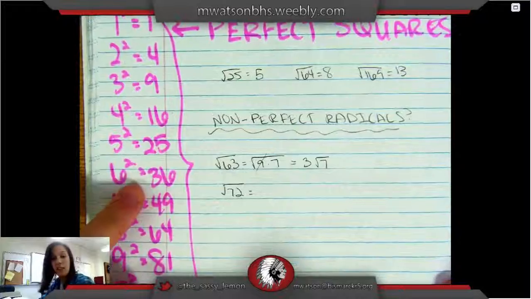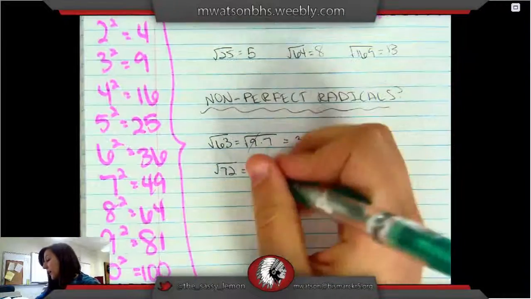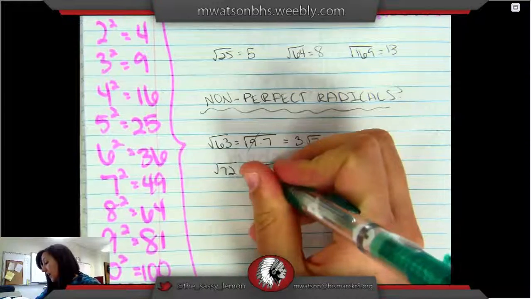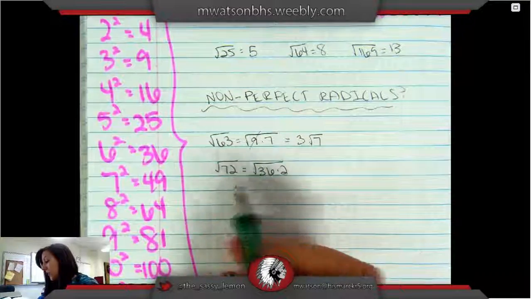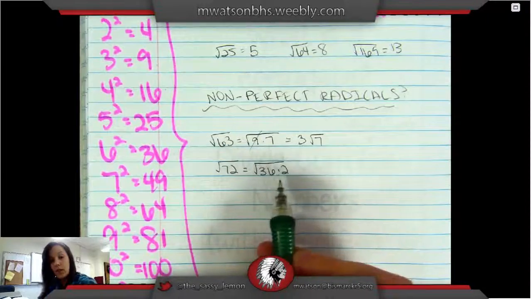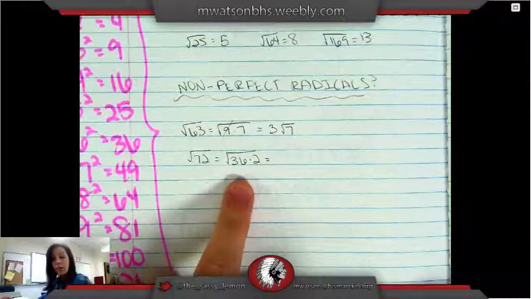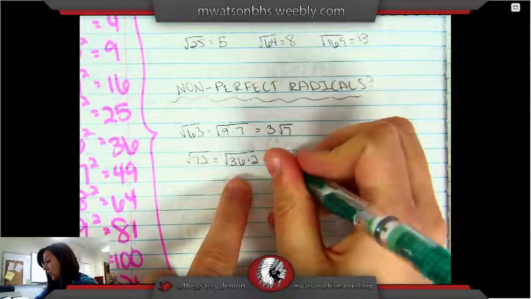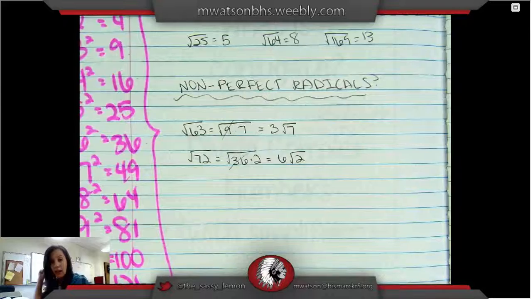So 36 is the biggest perfect square that divides 72. So we're going to rewrite it as the square root of 36 times 2. Notice these two are equal. Now we just take the square root of 36 and write it down out front. 36 is gone now, so all we have left behind is the square root of 2.